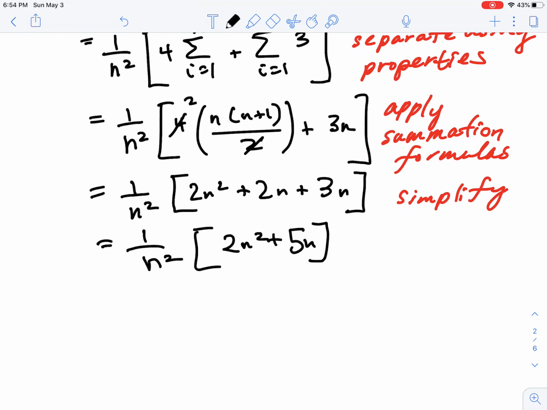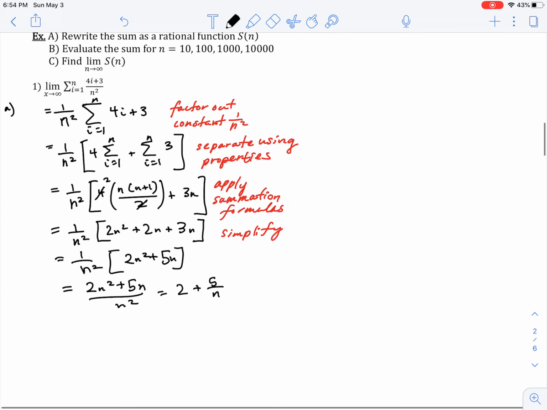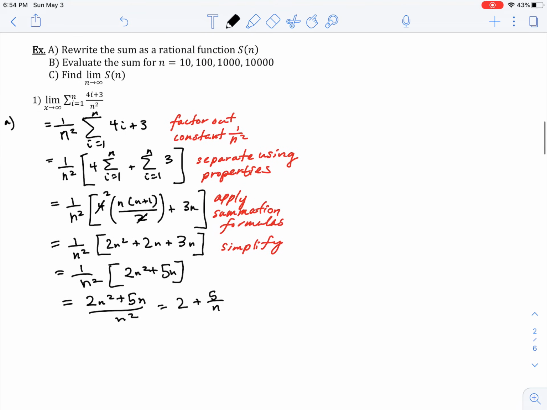And you know what, might as well just keep going at this. This can be cleaned up even further as 2n squared plus 5n over n squared, which is just 2 plus 5 over n. And all this now leads us to our summation. This is now our rational function.